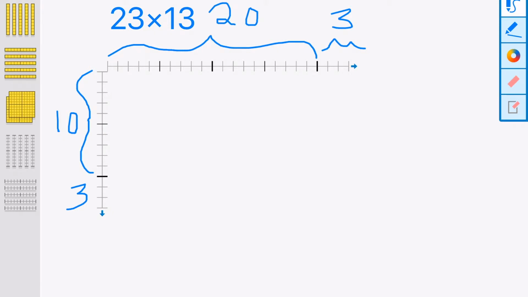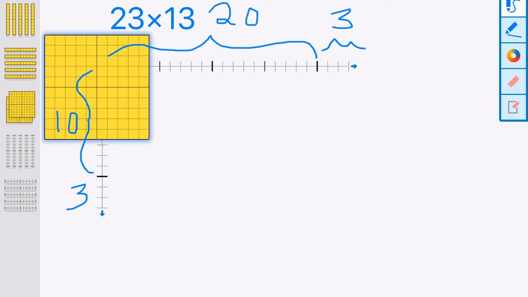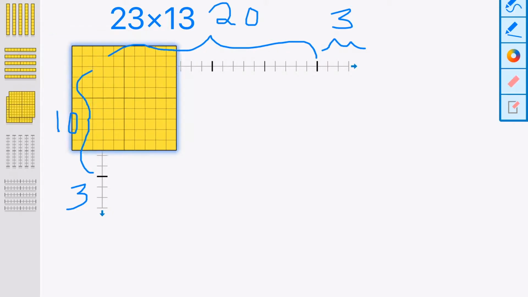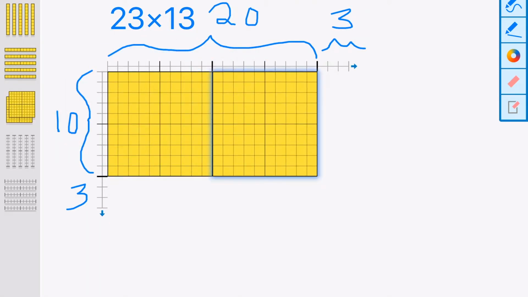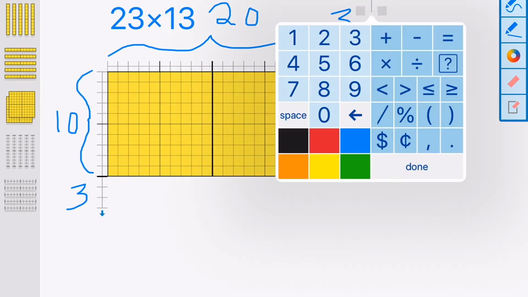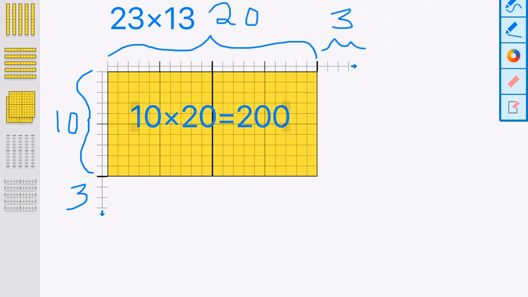So we can use our place value to help us pick out the pieces. I know that 10s times 10s will get us an area of 100. We can see that there's 100 for this 10 times that 10, 200. So I could say that 10 times 20 equals 200. And that's what this part of my array is showing.